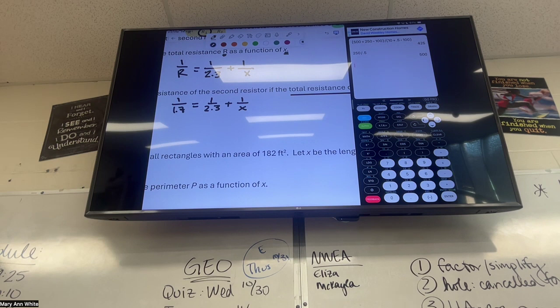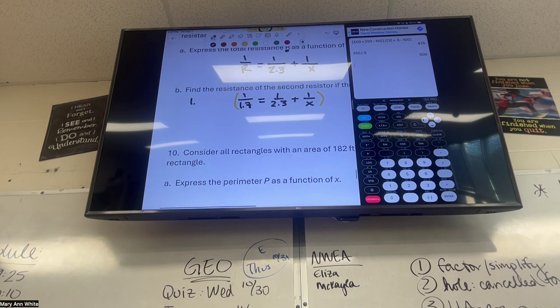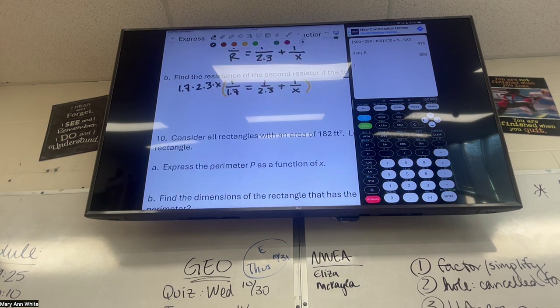And then we'll multiply. And I'm not even going to factor it out or multiply anything together. I'm literally going to do 1.7 times 2.3 times X. Because when I simplify, it's going to be a little bit easier. So the 1.7s will cancel. So that first one will be 2.3X. Good. Equals 1.7X. Good. And then now you know on the last one, you got to multiply together finally. So 3.91.